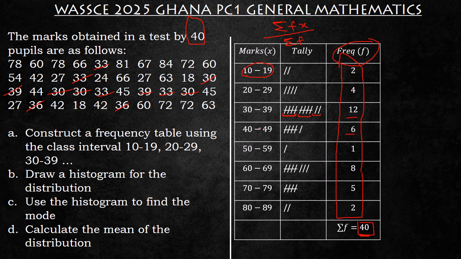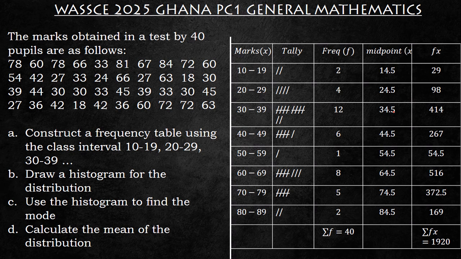So next, we are going to get a midpoint. Now to get a midpoint, you take the lower class over here, you take the upper class over here, you sum them up, you divide by 2. So in this case, it is going to be 10 plus 19 divided by 2. That is going to give me 14.5.